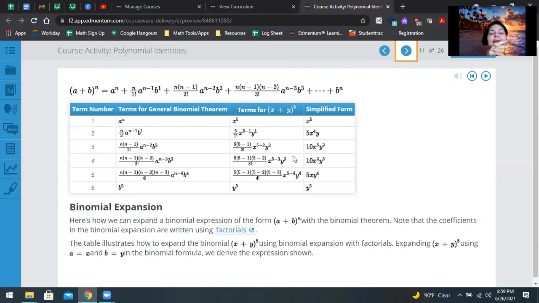Again, n can be any number. In this case, they expanded one with 5. And remember, because the degree, the exponent, is up to 5, that tells me I'm going to have 6 terms. It's always one up. So if you count them, here are your 6 terms.